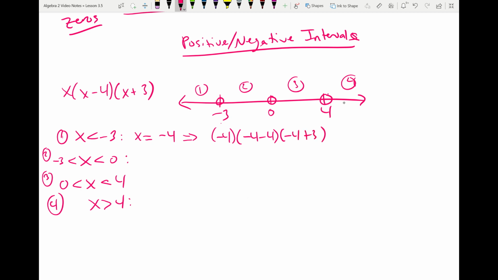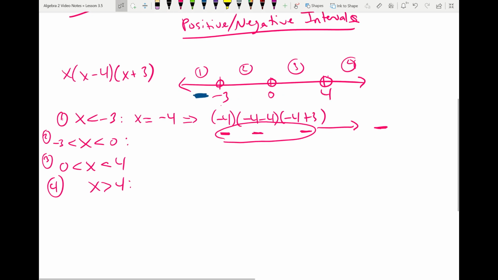Well, this is going to be a negative, this is a negative, and this is a negative. A negative times a negative times a negative is a negative. So this part of the number line is negative. I'm going to do a different color for that. So that's negative right there.